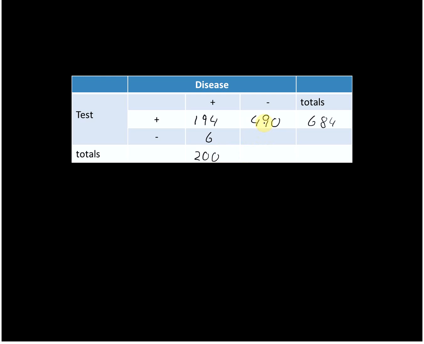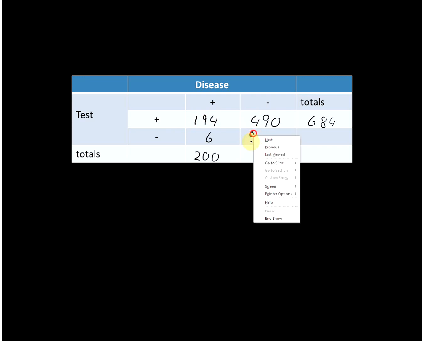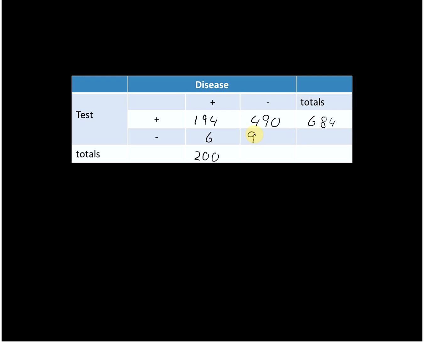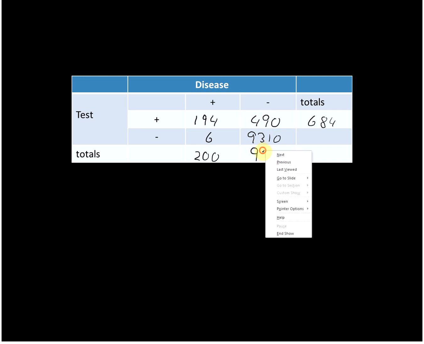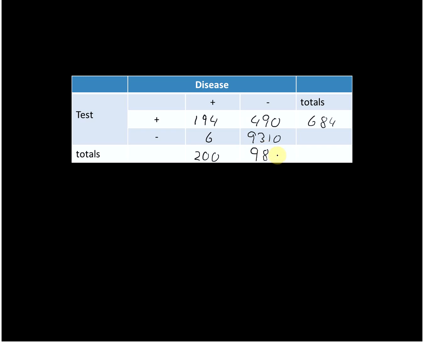We said 490 people test positive but don't have the disease, and 9,310 people test negative and don't have the disease. So we have a total of 9,800 who don't have the disease. And the total of this is 10,000.